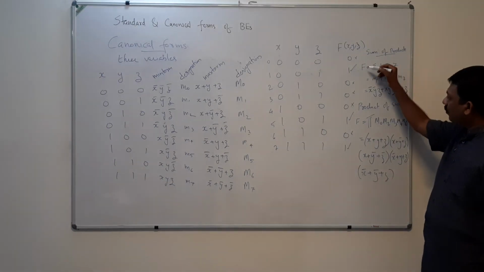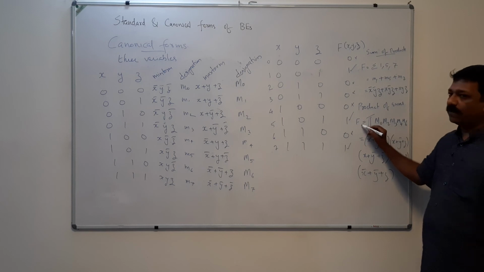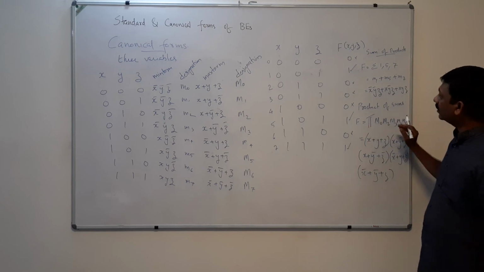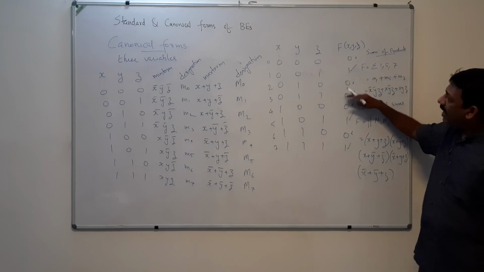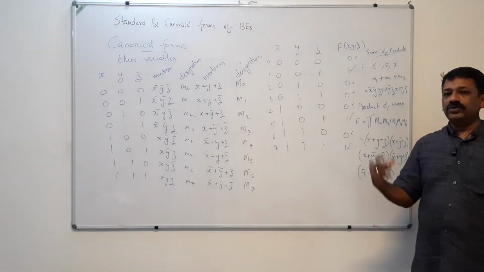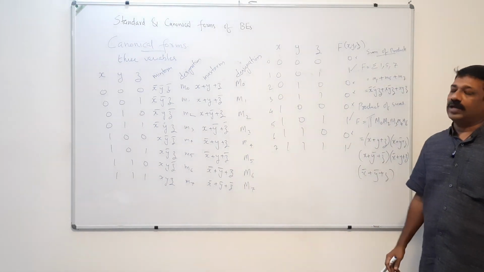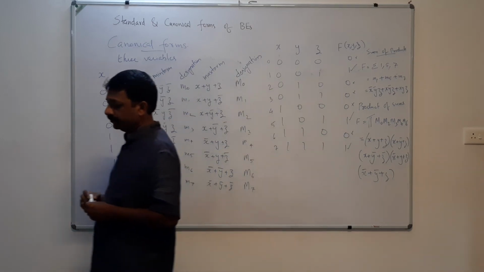But if you want to find the product of sums form, you select the zeros, the max terms corresponding to those zeros are selected, and then I am going to do multiplication. Okay, this is the way canonical forms are generated.